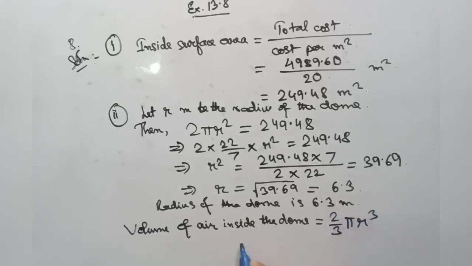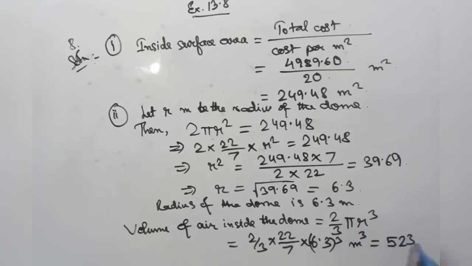This is equal to 2 by 3, the value of pi is 22 by 7, into the value of r is 6.3 cube. This will be meter cube. After simplification, we will get the value as 523.9 meter cube. So the volume inside the dome is 523.9 meter cube.